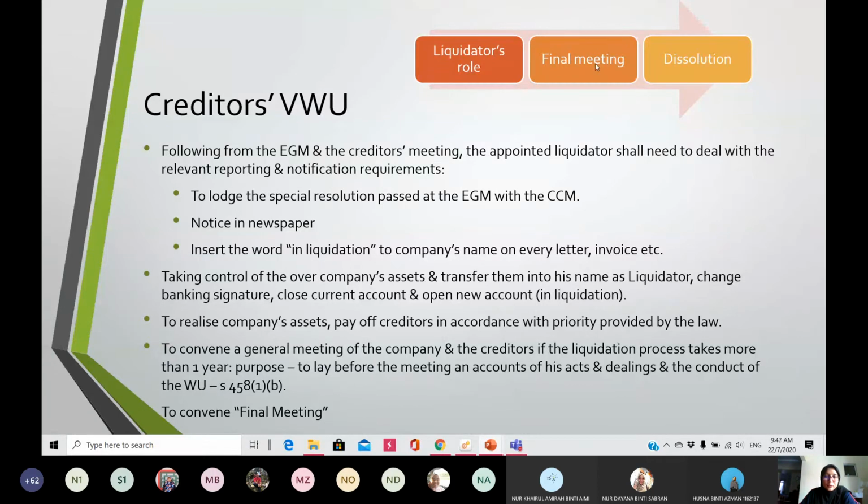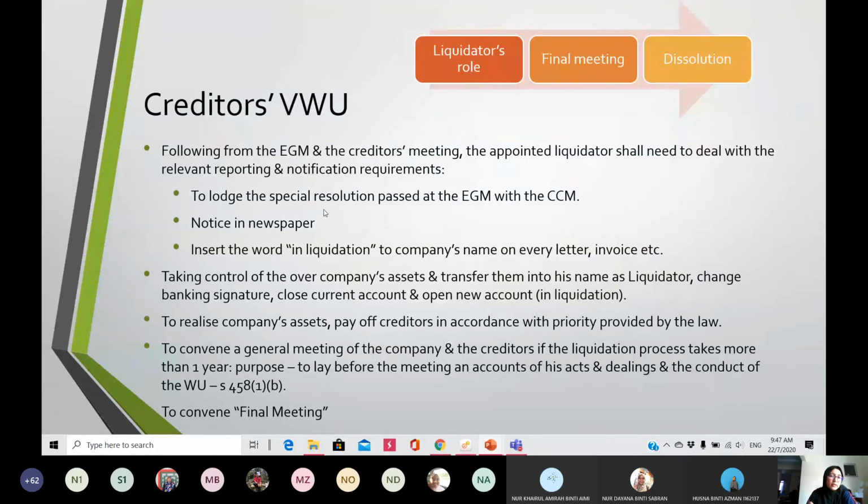And the end process will be the final meeting and the company will be dissolved. Okay, kita tengok ayat ni dia kata following the EGM, extraordinary general meeting and the creditors meeting, the appointed liquidator shall need to deal with the relevant reporting and notification requirement. So that is to lodge the special resolution.